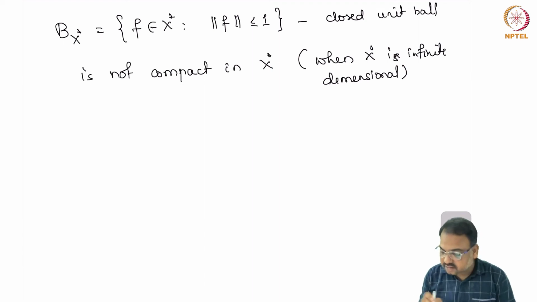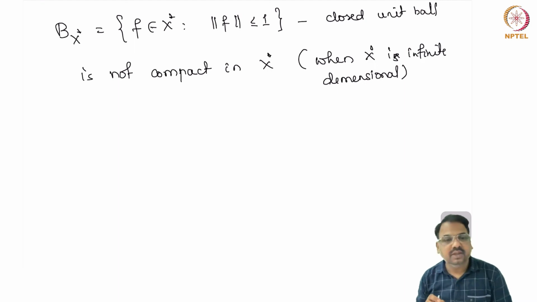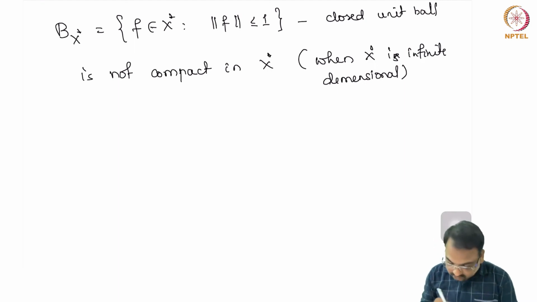But if you look at the weak star topology, we can say that this closed unit ball is compact with respect to the weak star topology. That is called the Banach-Alaoglu theorem.